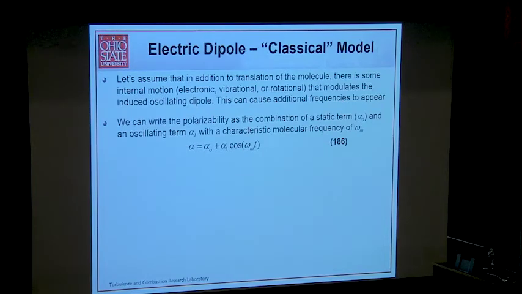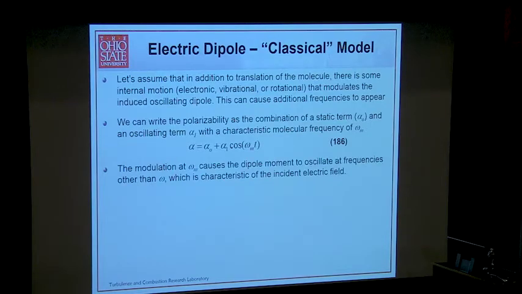Whether it's coming from the vibrational or the rotational, we'll deal with each one of them separately. So the modulation at omega m, which is coming from the actual molecule itself, causes the dipole moment to oscillate at different frequencies other than omega, which is the laser frequency, characteristic of the incident electric field.